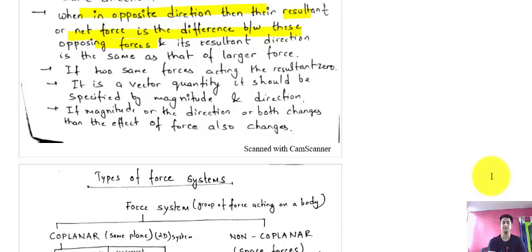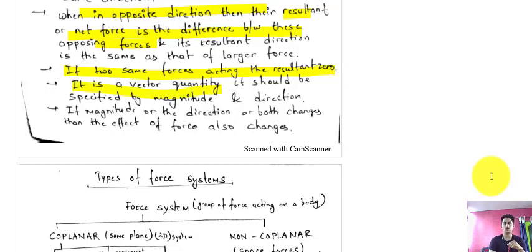If two same forces are acting, the resultant is zero. Suppose this is 5 Newton, this is 5 Newton, if they act together, then the resultant force will be zero, as both magnitudes have balanced each other. Net resultant force will be zero.